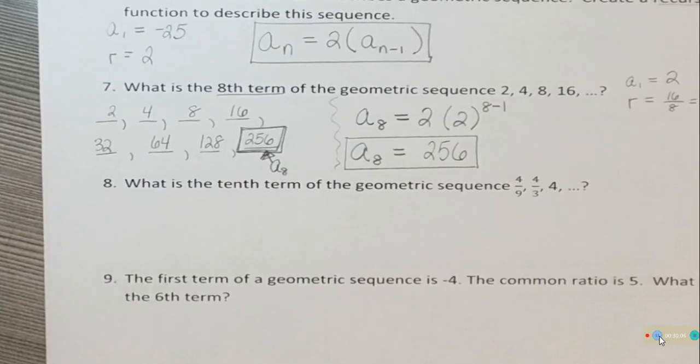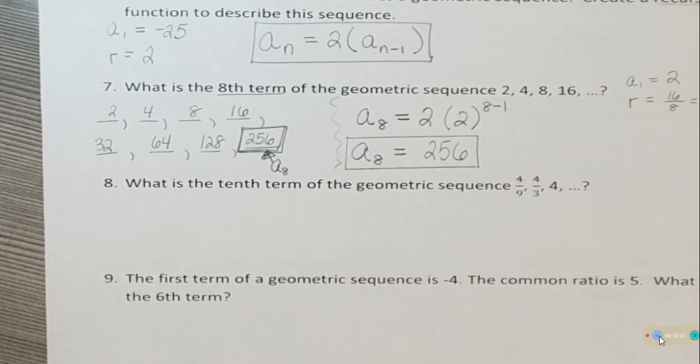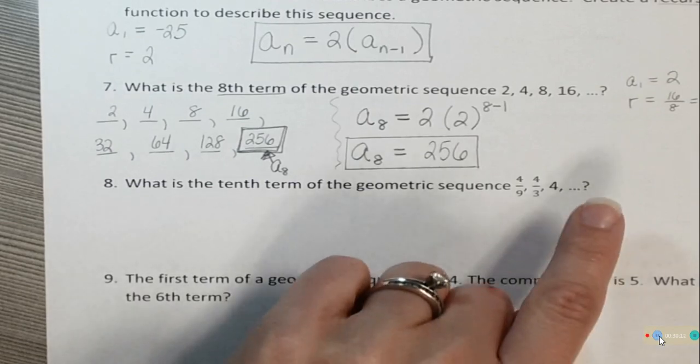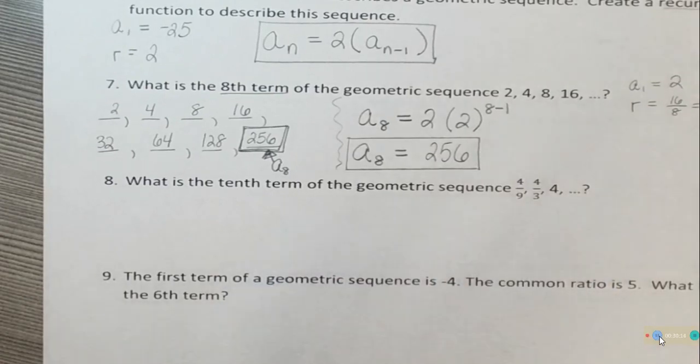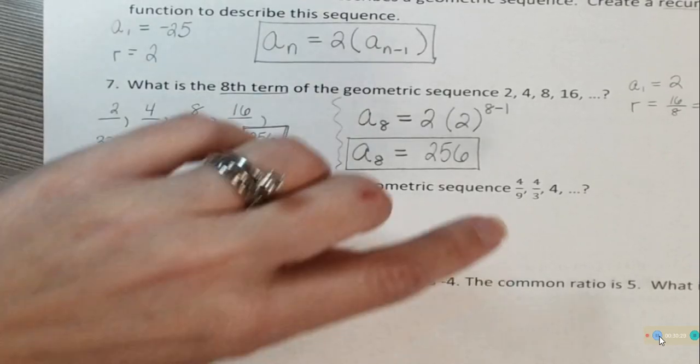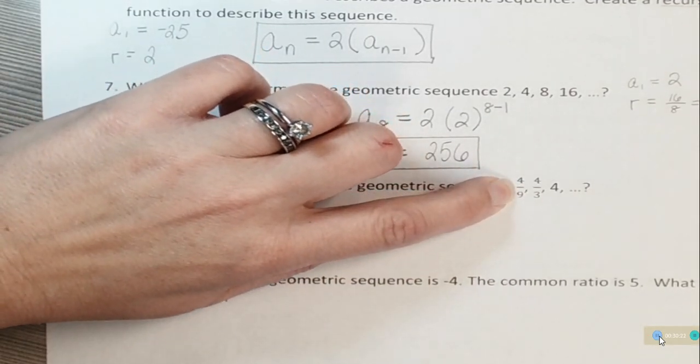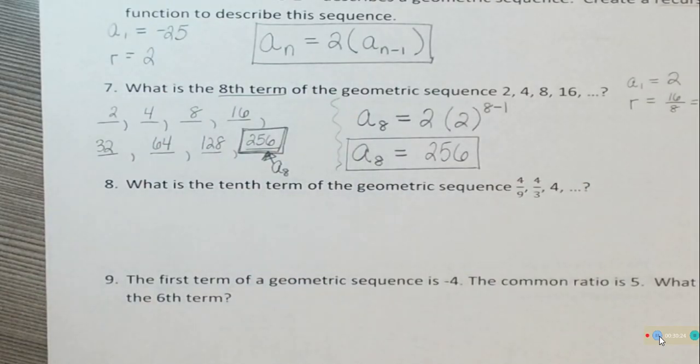All right, number 8 says, what is the 10th term in the geometric sequence 4 over 9, 4 over 3, 4, dot dot dot? Hey, what's that dot dot dot mean? It continues. It keeps going, but I got tired of writing. Now, no matter which way I do, I know A1 is right there. Whether I do it recursively or explicitly, I have to know what R is.